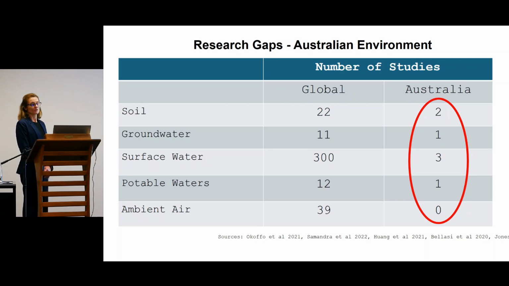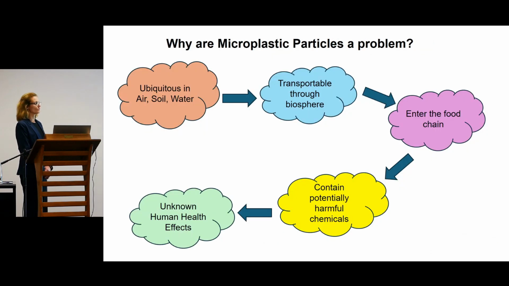So this leads me to summarise why microplastic particles potentially pose a problem to the food chain. Particles are ubiquitous in the environment.